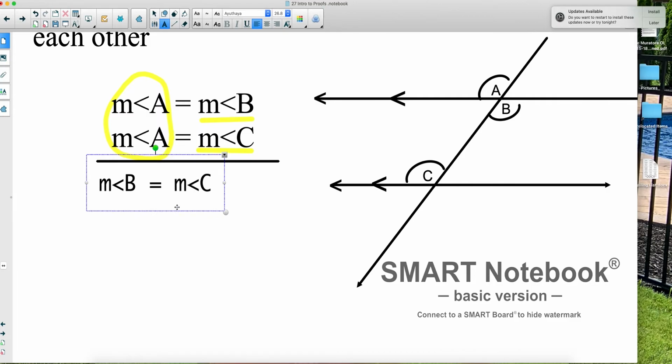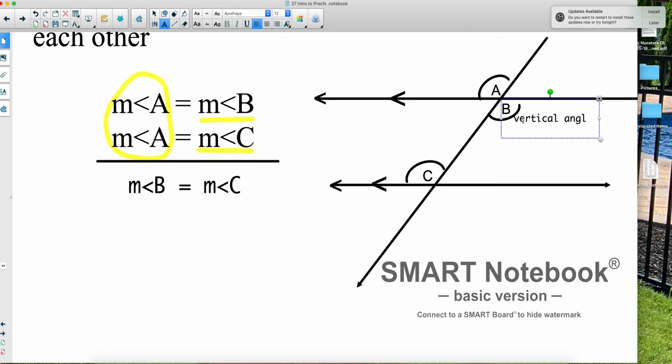Now we actually know this is true, right? Because A and B are vertical angles, and then A and C are corresponding angles. Right? But B and C are alternate interior angles.